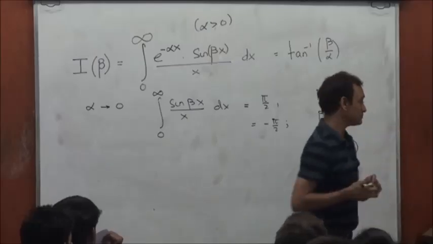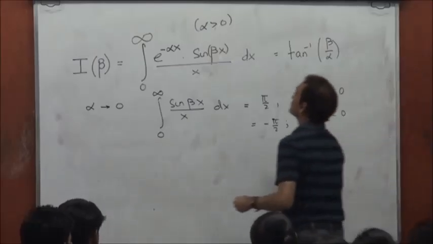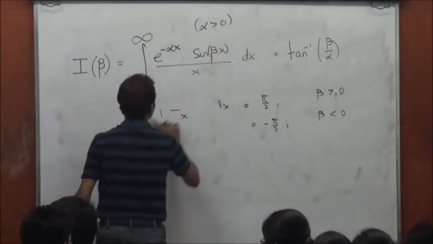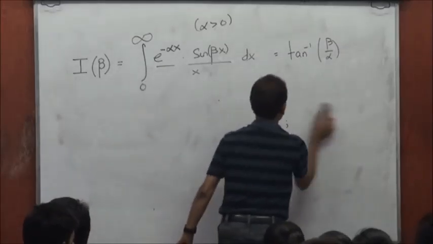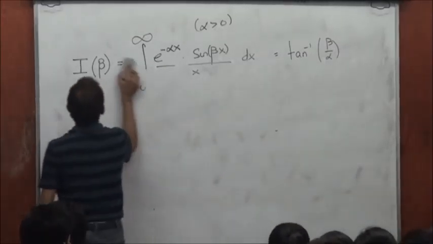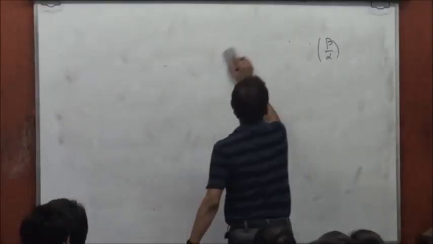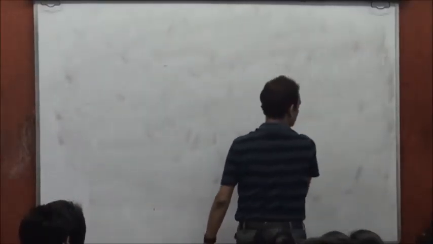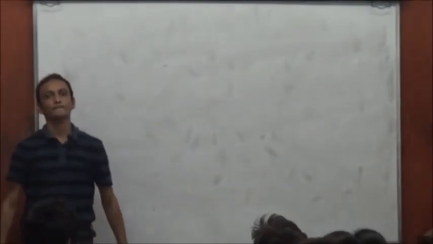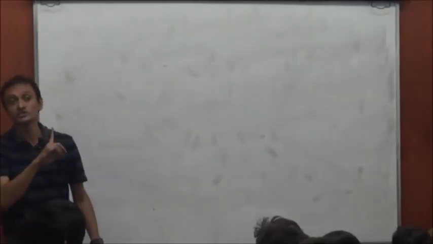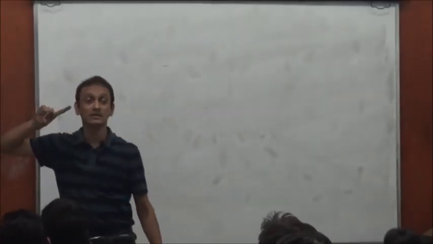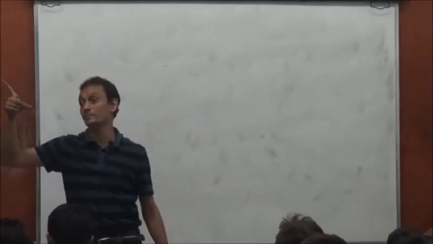Right? This result, of course, the last one, the integral of sine beta x by x, 0 to infinity, is plus pi by 2 when beta is positive, minus pi by 2 when beta is negative. You must remember.